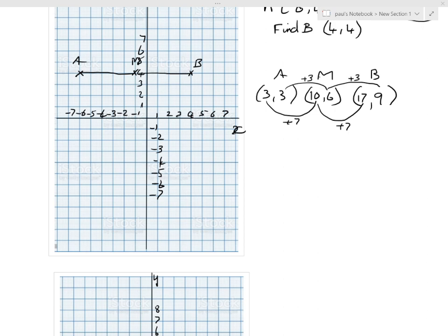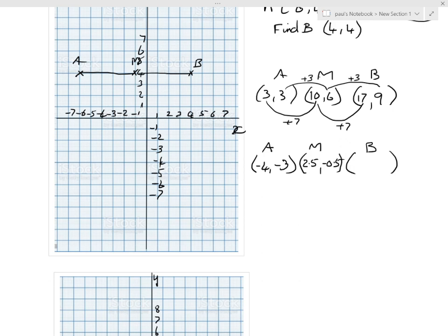So let's have another one. A is minus 4, minus 3. The midpoint is 2.5 and minus 0.5. So we've got to find the other end. So to get from minus 4 to 2.5 is 6.5.